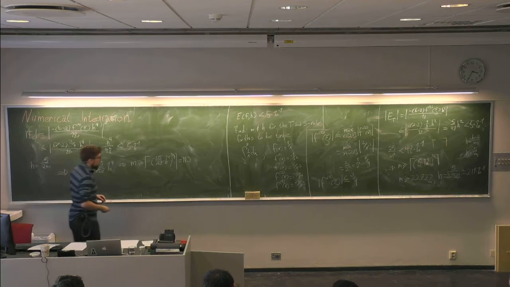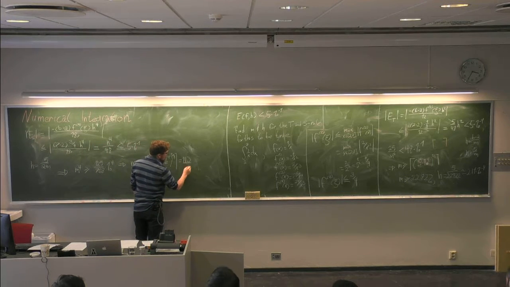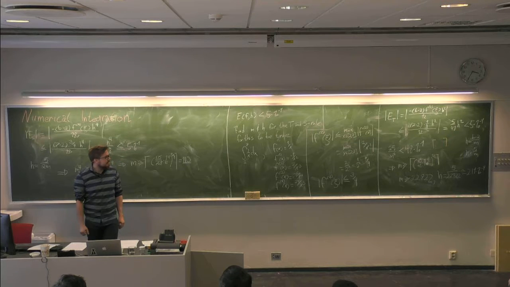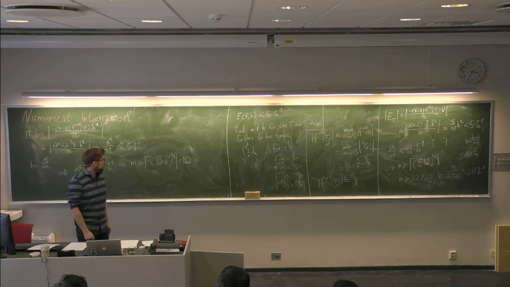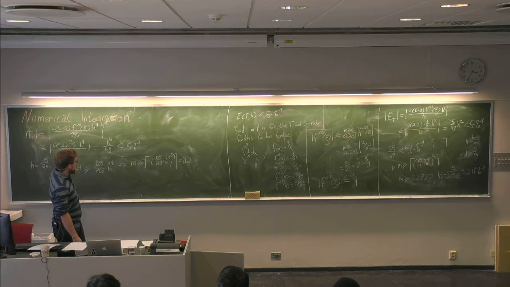So we have 113 intervals, which is a lot less than 22,822. Even though with the Simpson rule it looks like you have to do more computations, you are able to escape with fewer function evaluations.